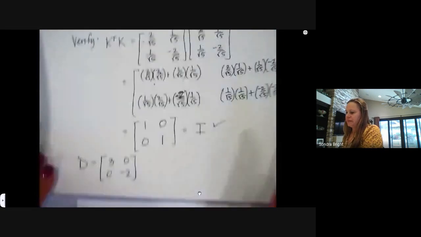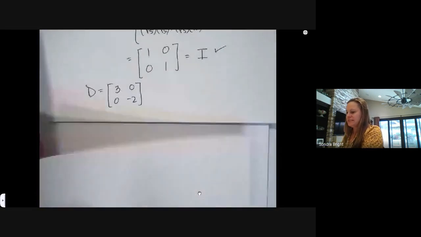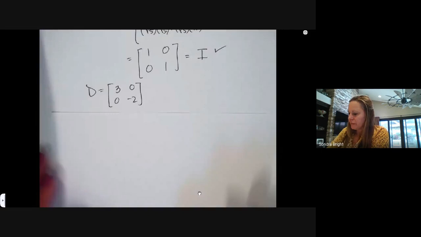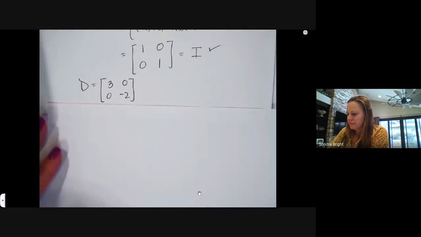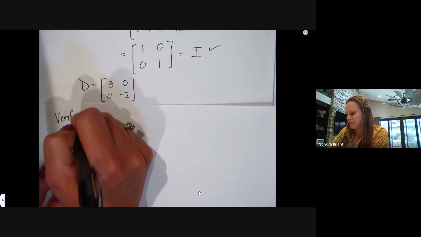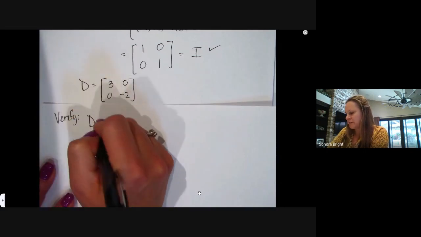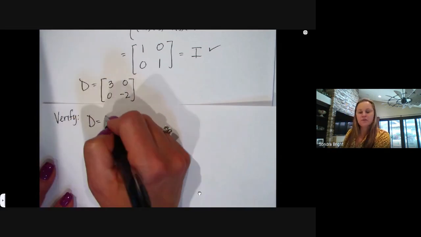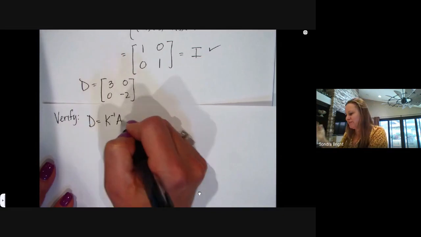So let's do it. Remember that D is supposed to be the matrix that you would get if you did K inverse times A times K. Since it's a 2 by 2, it's not too bad.